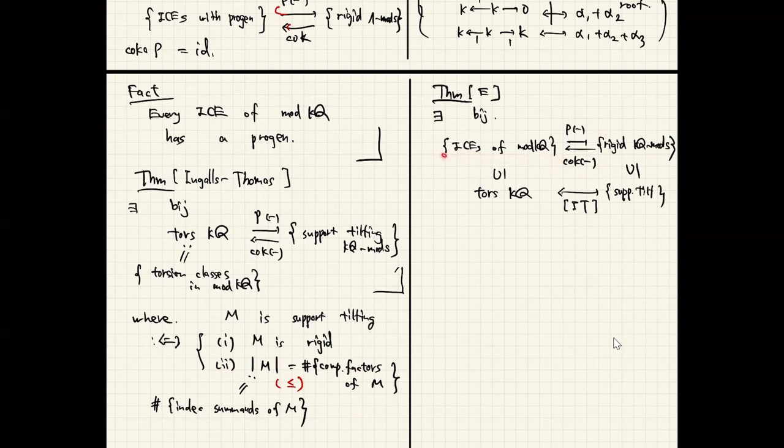And this is a new class of subcategories. So I was surprised when I discovered this bijection, because rigid modules are a very fundamental object in representation theory of algebras, and this corresponds to a new class of subcategories.